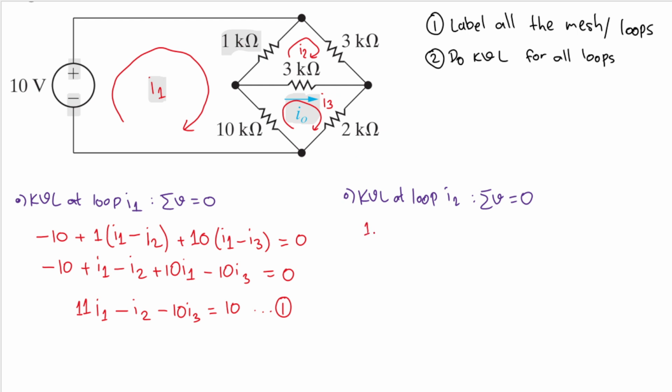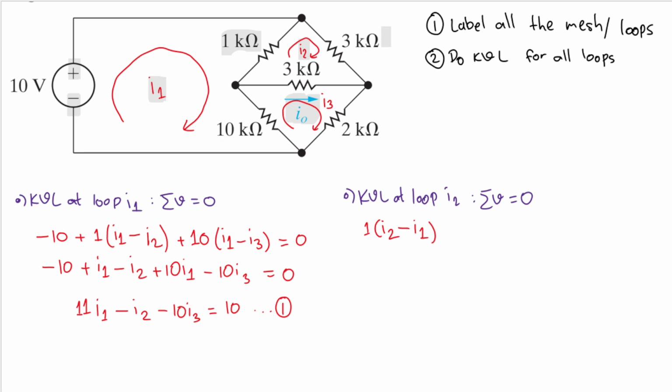We need voltage, so we multiply it by current. Here we are currently working on I2, so we multiply it by I2 first. However, I1 is flowing in the opposite direction. I2 is flowing there, I1 is flowing there. So I need to subtract I1, so I'll have minus I1 here.